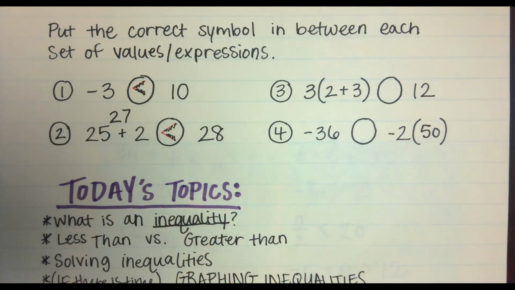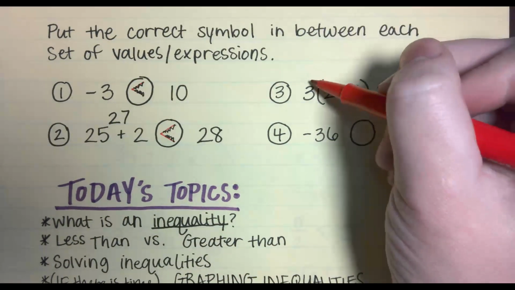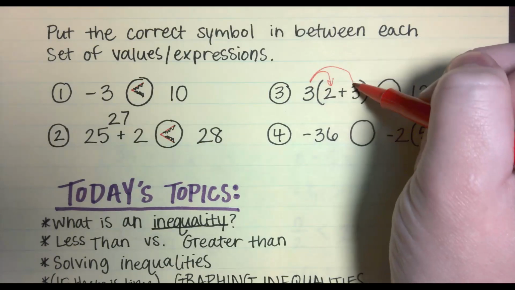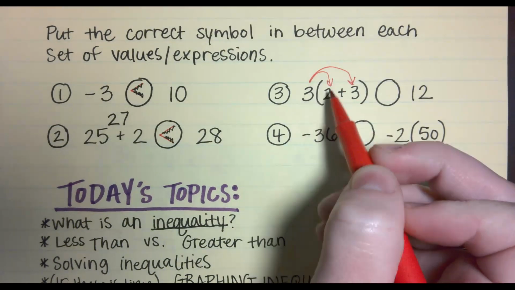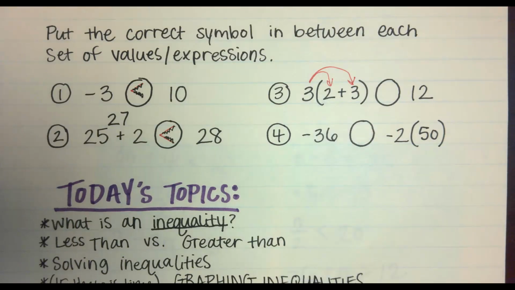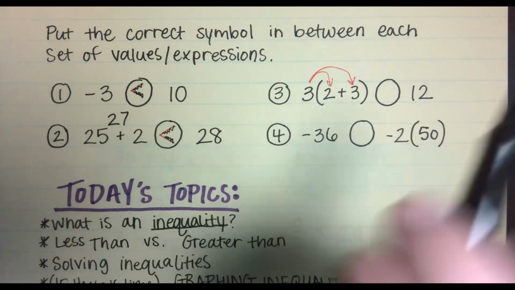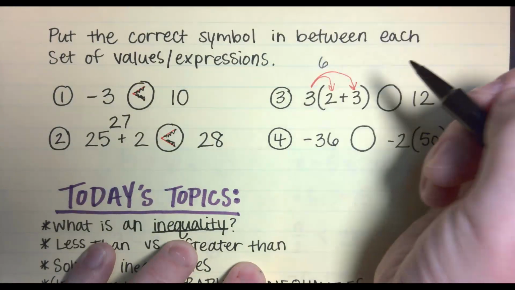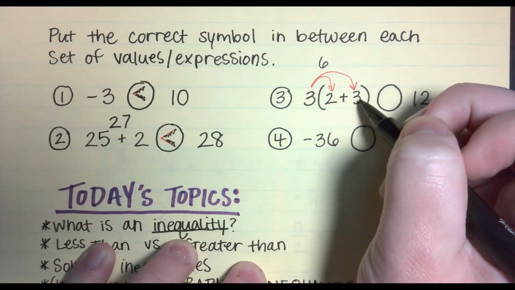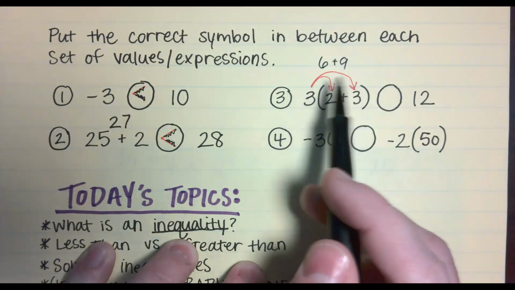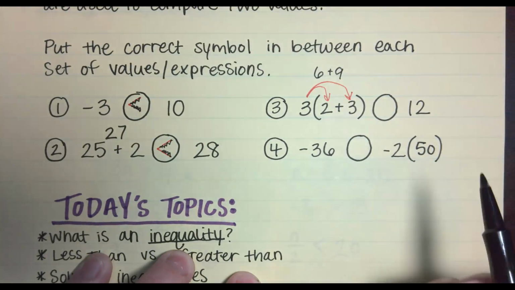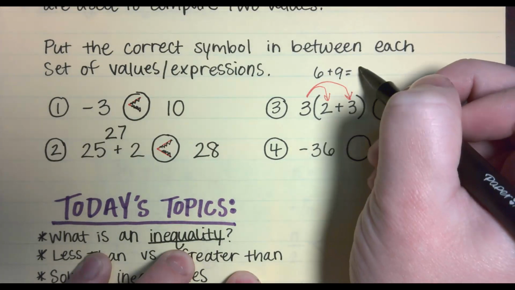Yeah, we could distribute it, absolutely. So I've got 3 times 2 is 6. And then 3 times 3 is 9. So now I have 6 plus 9. What's 6 plus 9? 15.